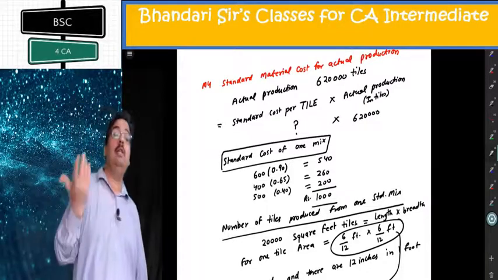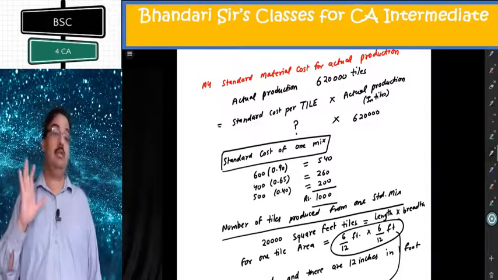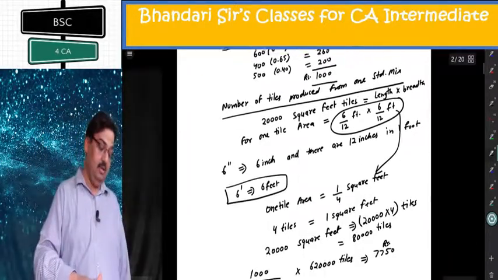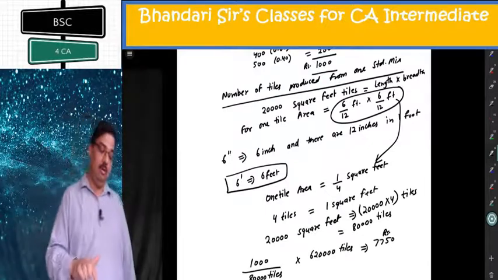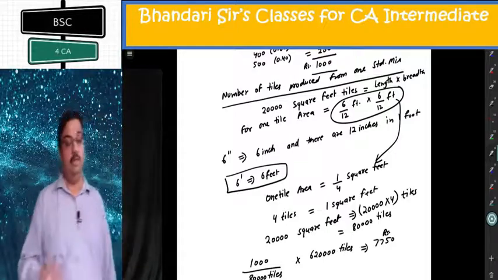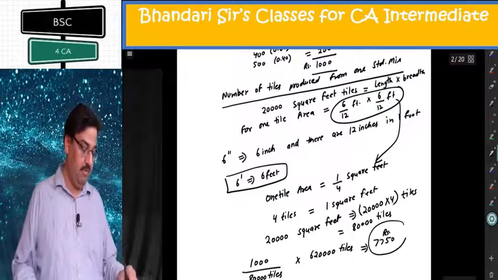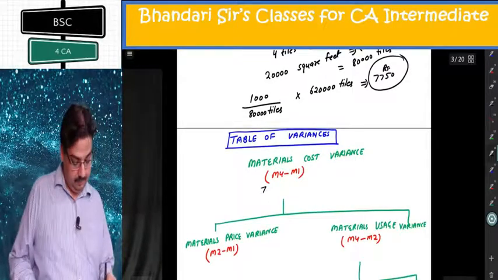So 4 tiles are having 1 square feet. 20,000 square feet will become 80,000 tiles. 80,000 tiles standard production for that one mix. From there I get 1,000 divided by 80,000 standard production multiplied by actual production of 6,20,000. I am getting 7750.